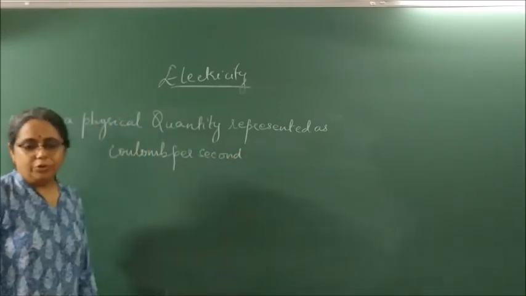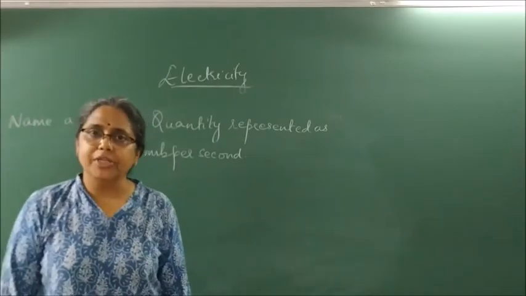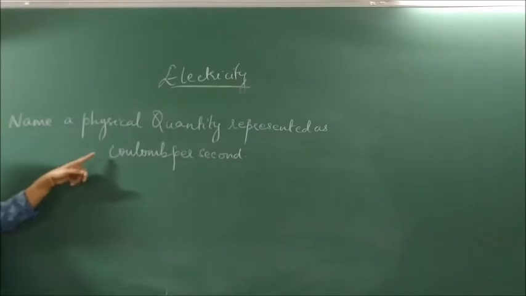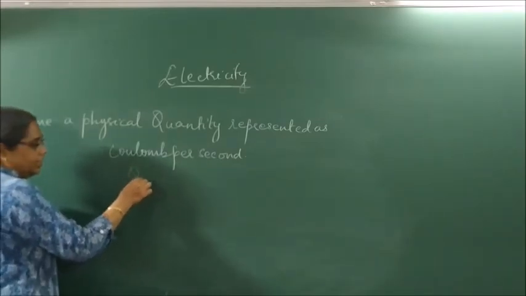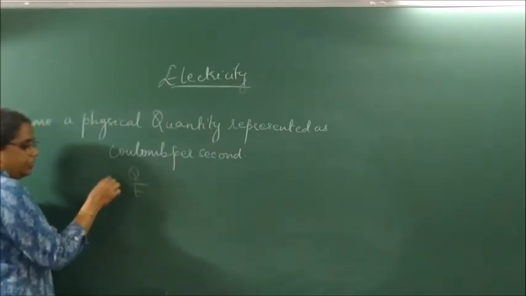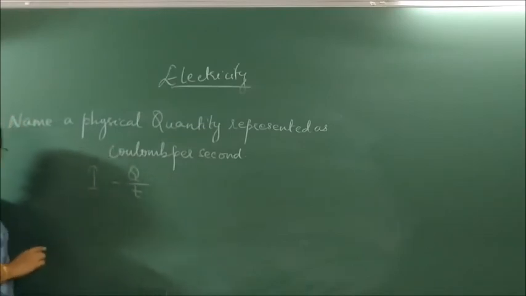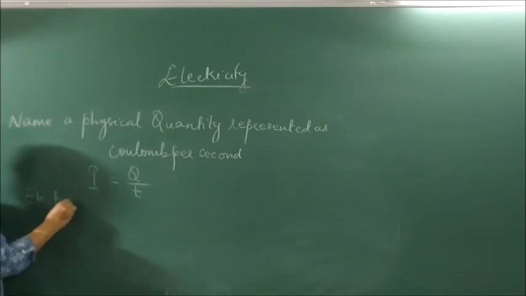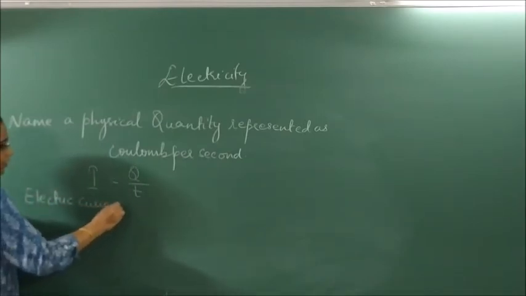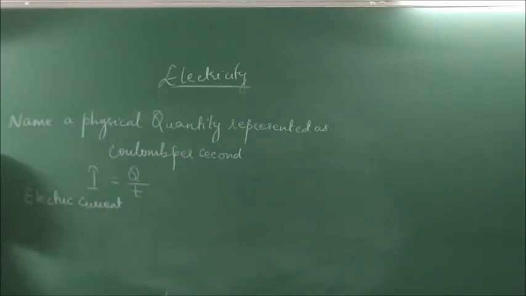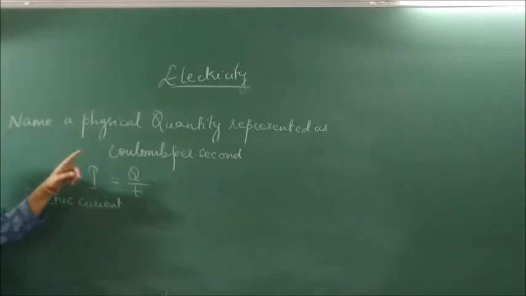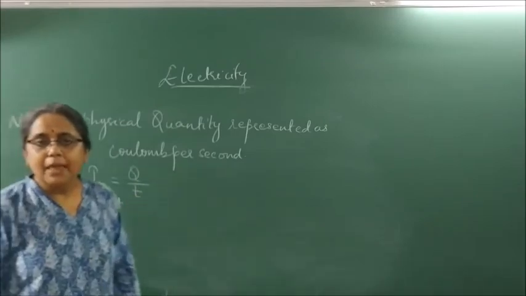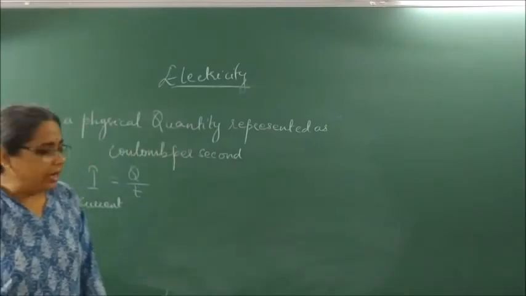Okay, so we have to know which quantity is represented as coulomb per second. What is coulomb per second? Coulomb means charge, second means time. Which quantity is represented as Q by T? I. So you write electric current. Your answer: electric current is the physical quantity which is represented as coulombs per second, as I is equal to Q by T.